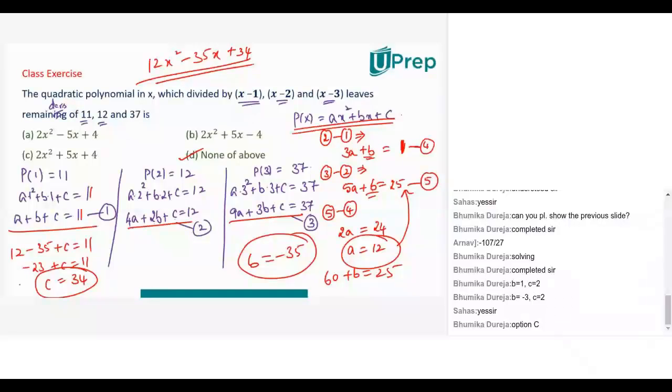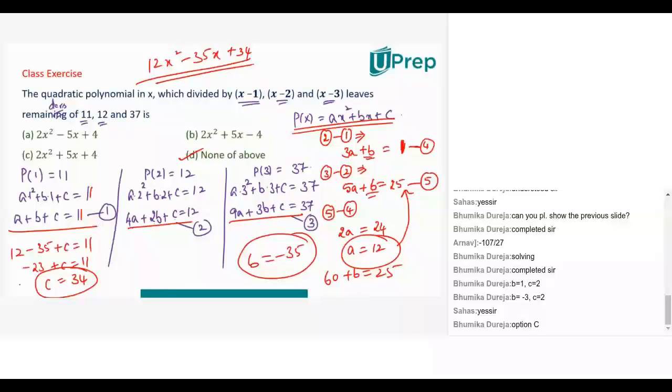I think Bhumika substituted x equal to 1 and cross-checked. The first one is giving 11, so she marked 11. I mean option C. But it is not satisfying the second case. Check it: when you put x equal to 2, Bhumika, 2 times 2 square is 8, plus 5 times 2, 10, 18, plus 4, it's coming 22.